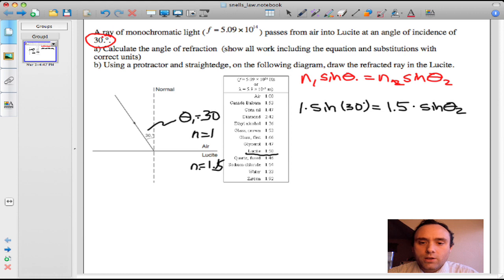Okay, and so this is what we're looking for, the sine of theta 2. The first step is to figure out what this sine is. So 1 times the sine of 30 is simply the sine of 30. The sine of 30 is 0.5. Okay, 0.5 equals 1.5 times the sine of theta 2.